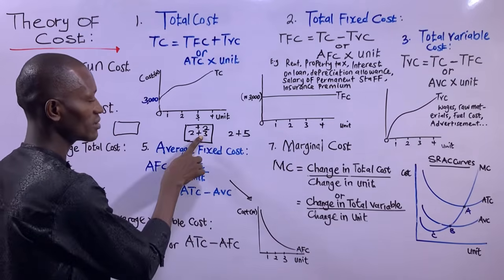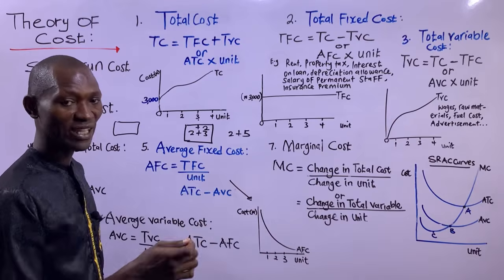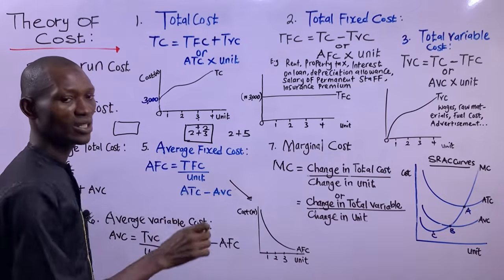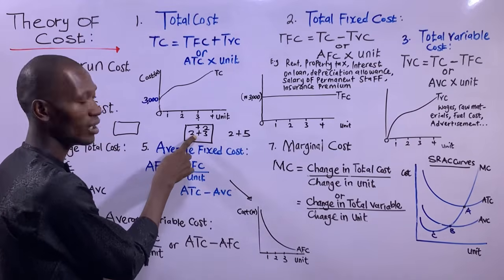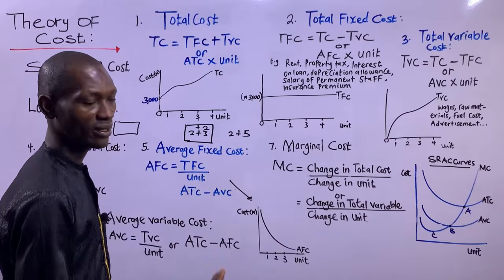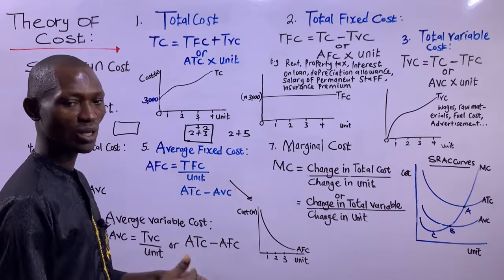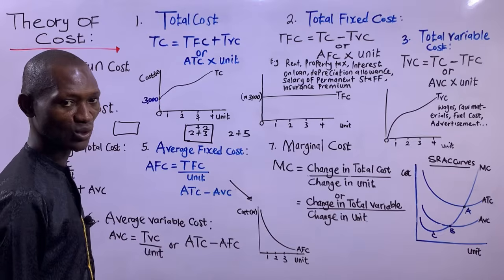So what this means is that all these workers or labor will get in one another's way. And what that simply means is that the marginal productivity of each successive labor that is employed here will start decreasing. Then consequently, you will have the marginal costs start rising with the rise in the level of output.